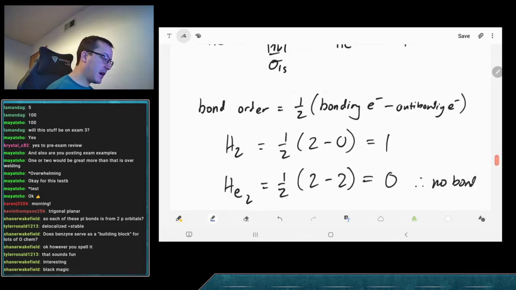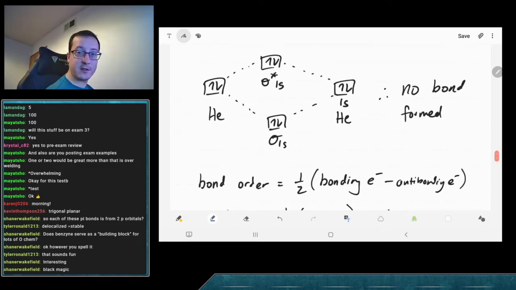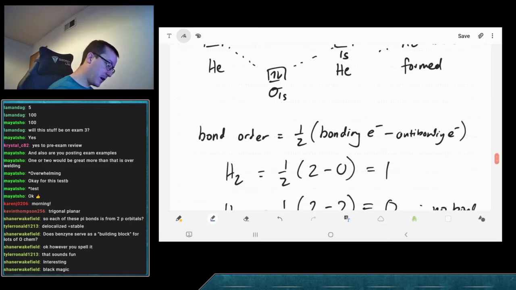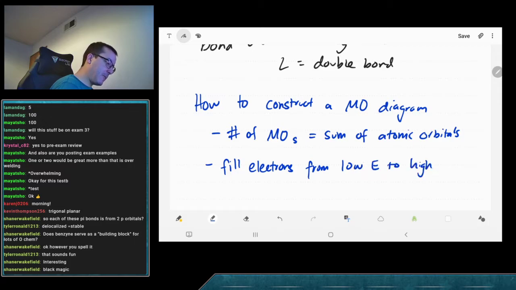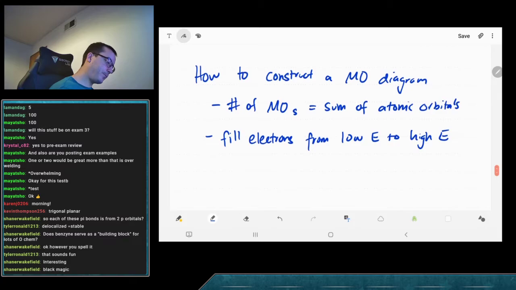So notice we had 2 atomic orbitals for helium and hydrogen. We ended up with 2 molecular orbitals, right? We're going to see this in examples. And we want to fill the electrons from low energy to high energy. We're also going to see that anti-bonding, let's not worry about that right now.